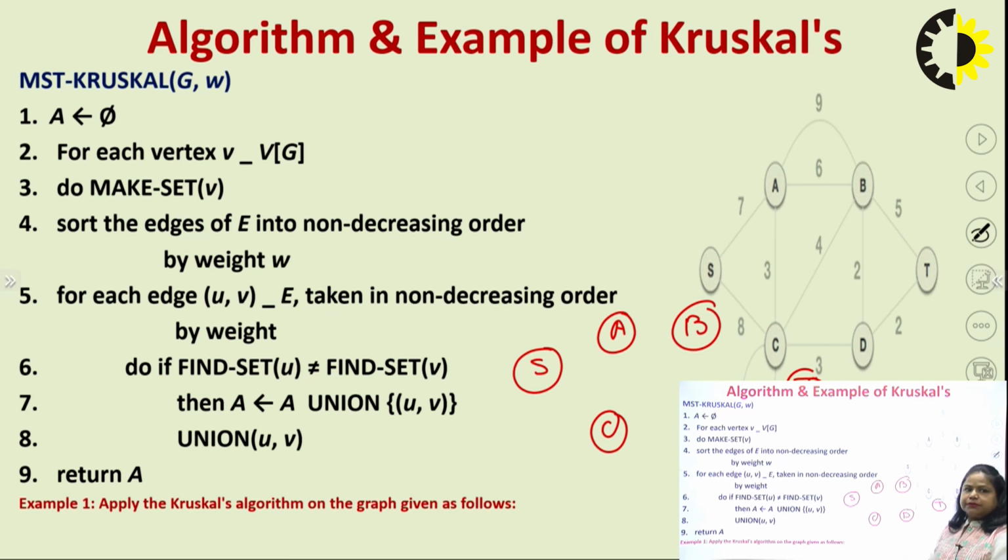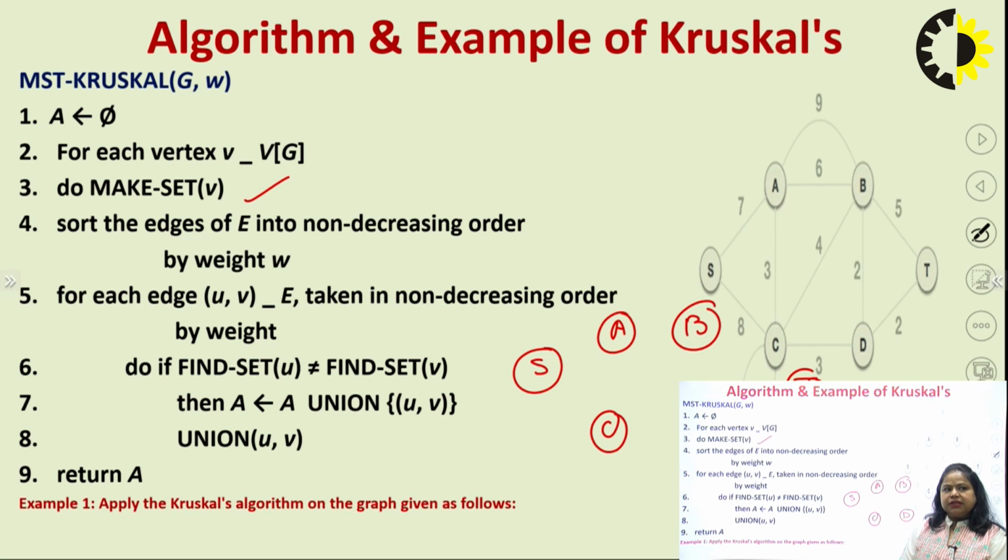Now by using this forest, we have to make the minimum spanning tree. Initially, we set A as phi, and we make a loop for all the vertices. First of all, we make a set of all the vertices. Then we sort all the edges of E into non-decreasing order, from the smallest to the largest, on the basis of their weights.